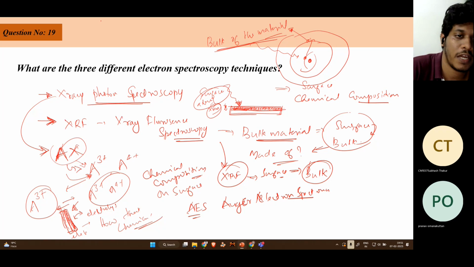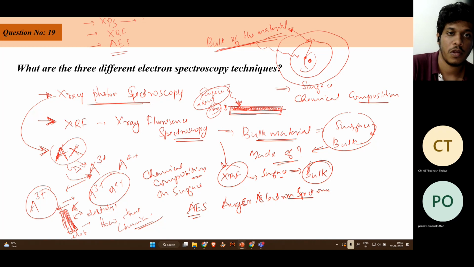So once again, summarizing whatever I have said, the three electron spectroscopy techniques are: first one, XPS, which stands for X-ray photoelectron spectroscopy, the other one is XRF, which stands for X-ray fluorescence spectroscopy, and the other one is Auger electron spectroscopy.